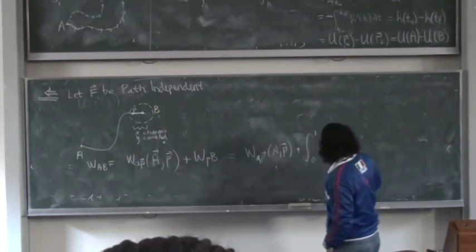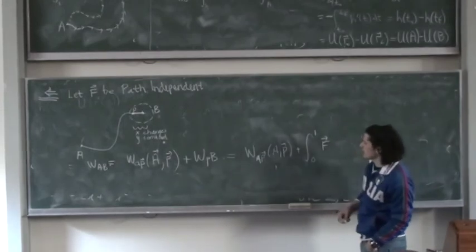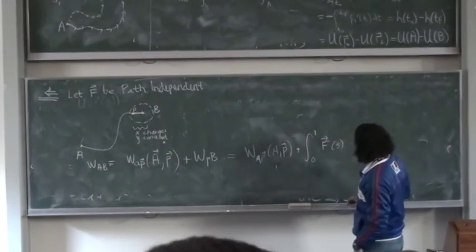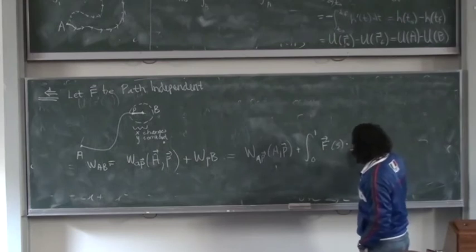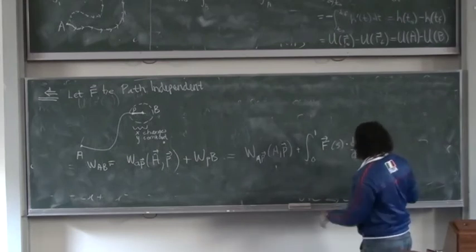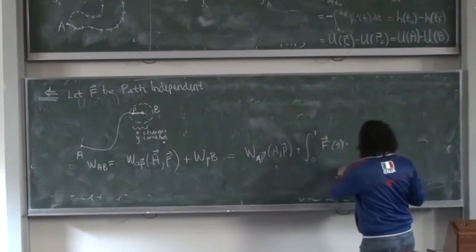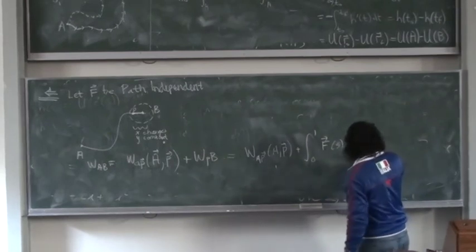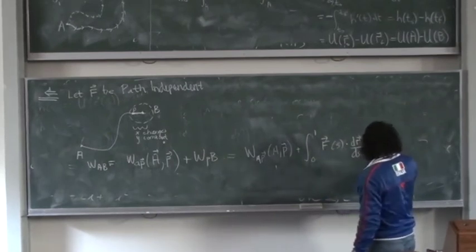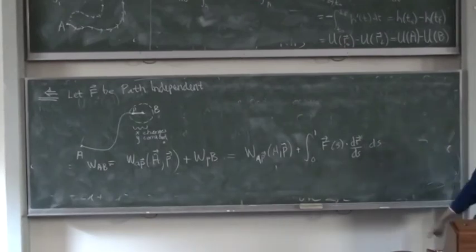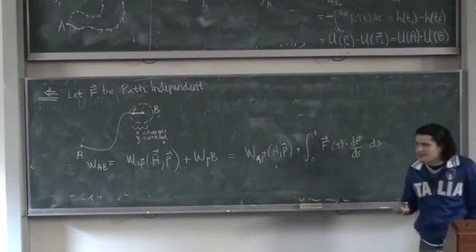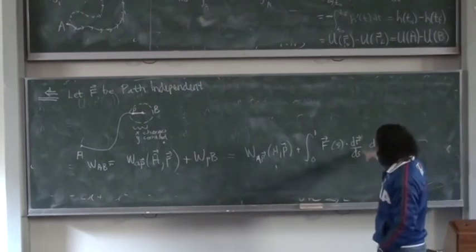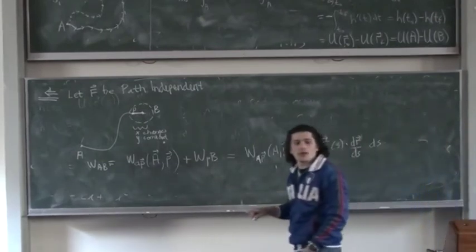The force at s dot dr/ds ds. Right. So I'm taking a dot product here. But now, what direction is the r in all the way along that line?